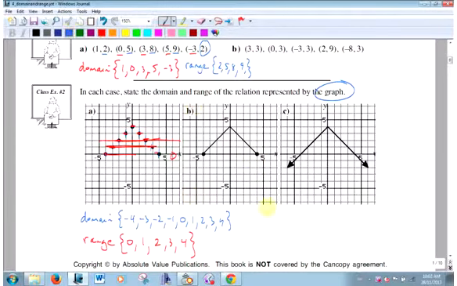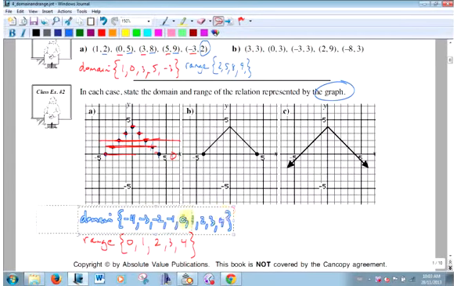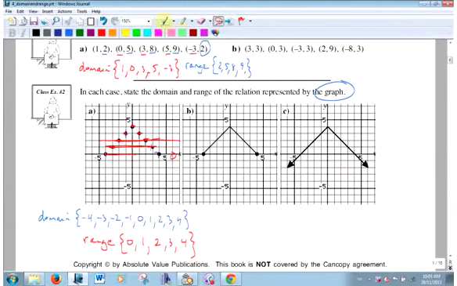Domain. Let me move this sucker over. Don't you wish you could do that? Domain. All right. What are the x values of this graph? Let's start with this point. What is that point? By the way, you don't want to write this. Minus 4.